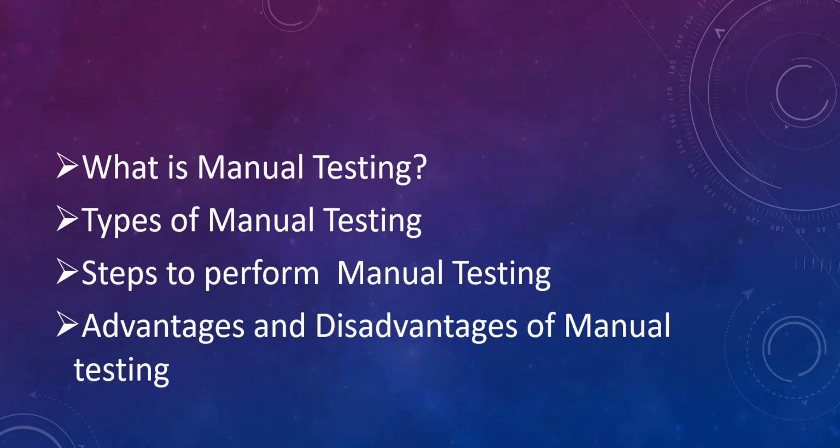As a disadvantage, it is not so easy to find size differences and color combinations of GUI objects using a manual testing process. Also, load testing and performance testing is very difficult in manual testing, where a tool is required. And when there is a large number of test cases, it is very time consuming to do it manually.